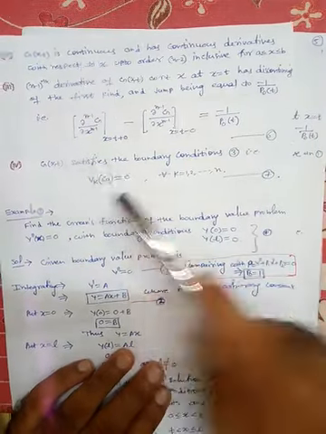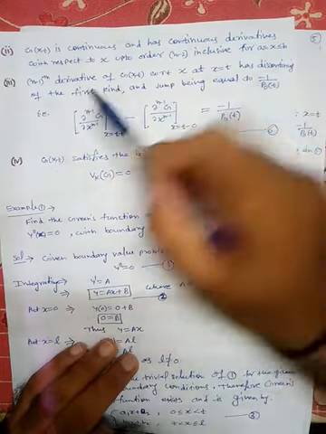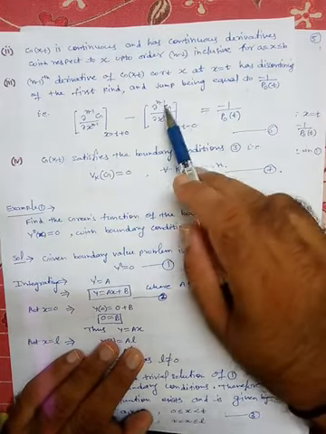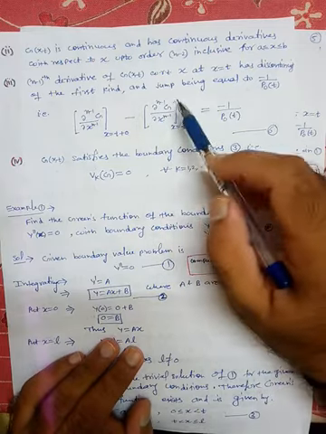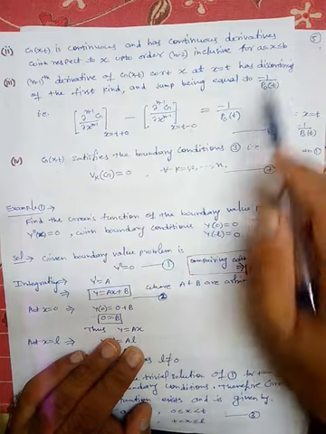So what we are finding is basically the derivative: the right hand side derivative minus the left hand side derivative, and the difference will be minus 1 upon p naught of t. This is the meaning of this line.